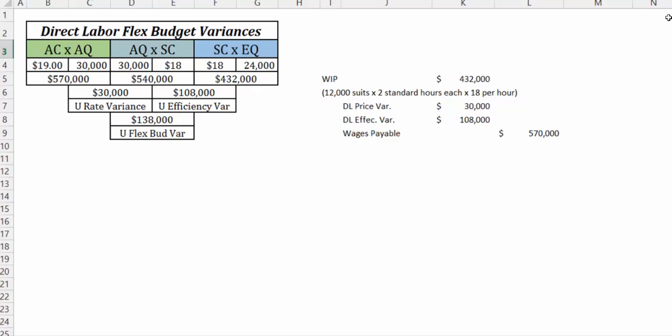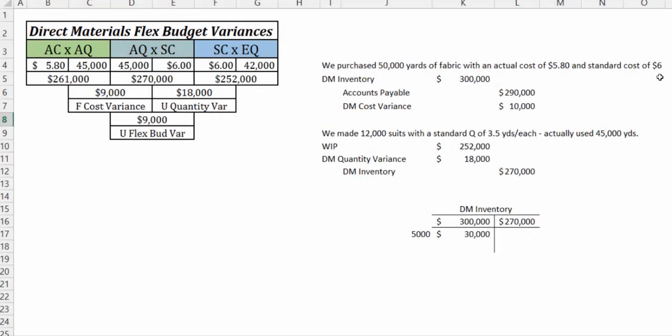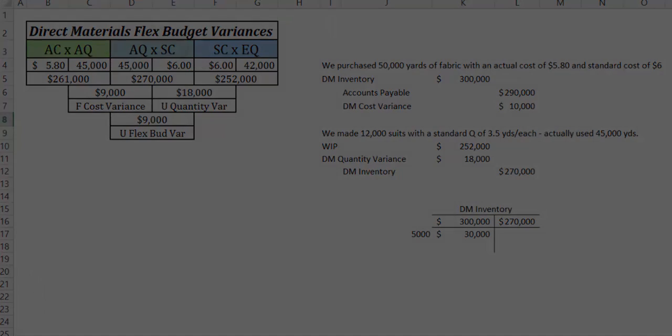Okay, so let's talk about another story that could explain all of these variances. Remember our direct materials variance. Let's take a look at that for just a moment. We had a favorable cost variance, but an unfavorable quantity variance. We thought, well, maybe this is because the manager bought poor quality material. And that could also explain the labor variances.